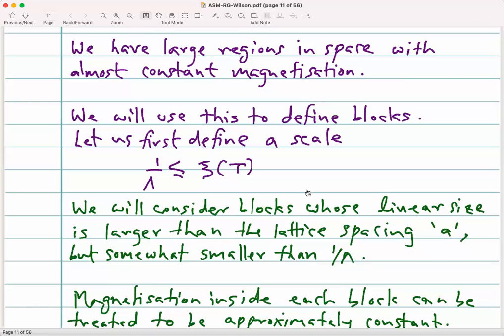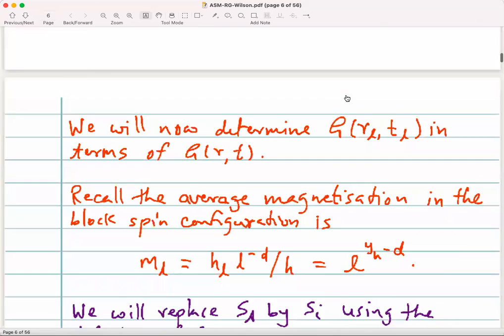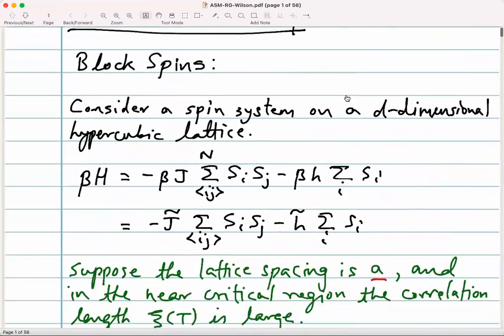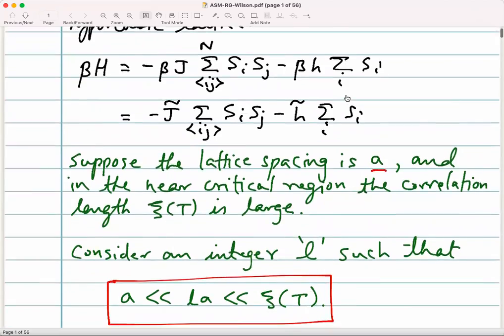When we define this block spin method, we wrote the Hamiltonian in the same form as the original, but we did not use it explicitly to derive any of these scaling relations.